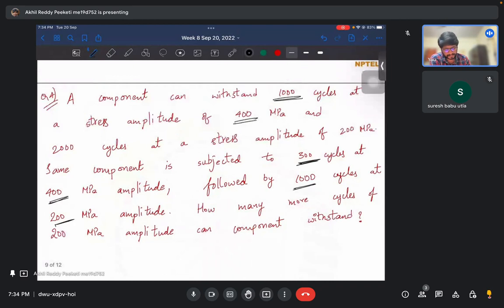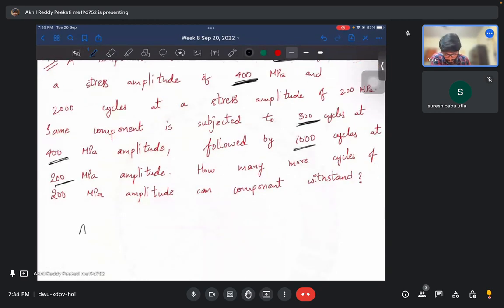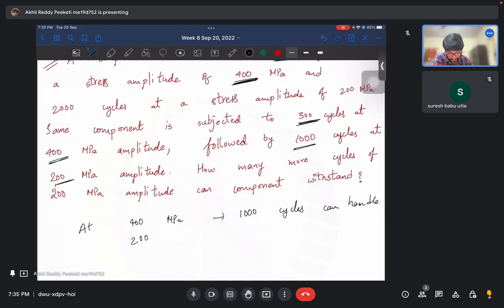So in those cases, it's all clear now. The data given is at 400 MPa, it can handle 1000 cycles. Okay. So if you do more than 1000 cycles, it will fail with 400 MPa alternating stress. And at 200 MPa, it can handle 2000 cycles.